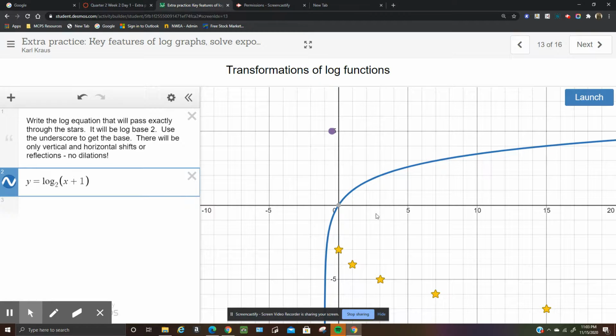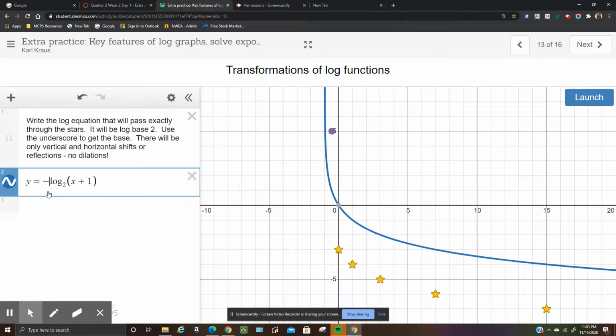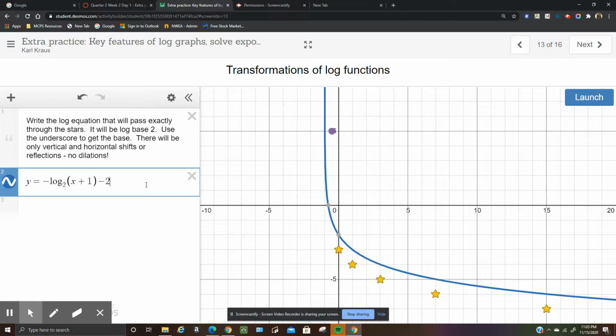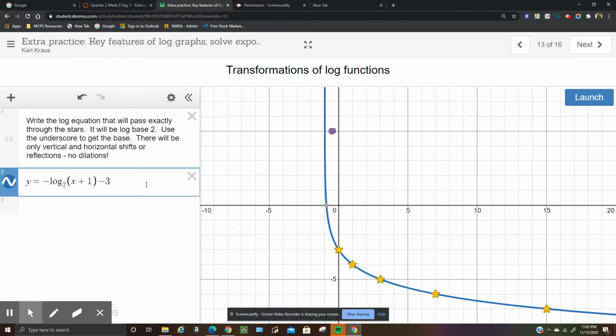Then I want to reflect this over the x-axis, so put a negative in front of there. Okay, that's almost right. Now I have to move this graph down somewhat. So let's try -2. Oh, let's try -3. There we go.